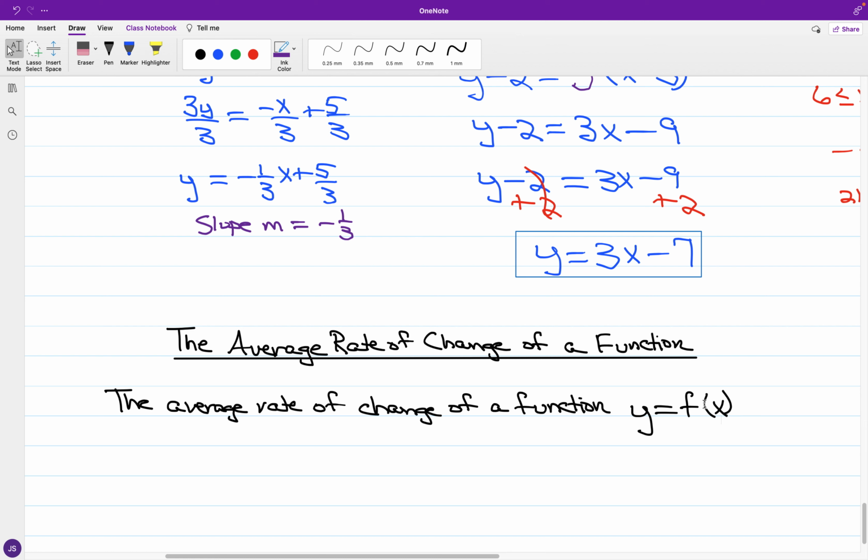So you have the average rate of change of a function between 2 points.